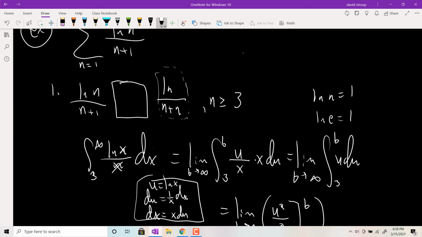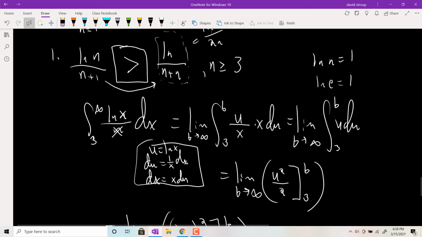Because then that's going to be ln n all over 2n. Going from here to here, I've increased the denominator, therefore decreased that second expression. Then you could pull off a factor of 1/2.